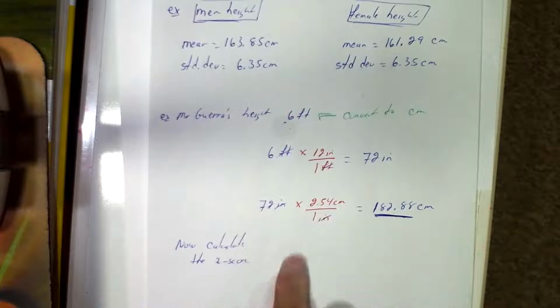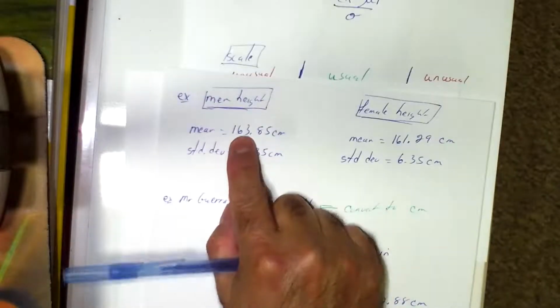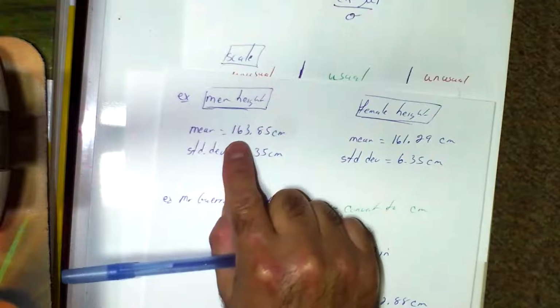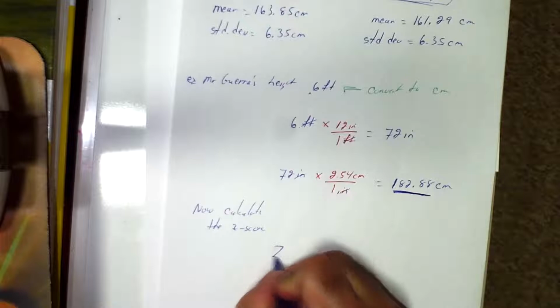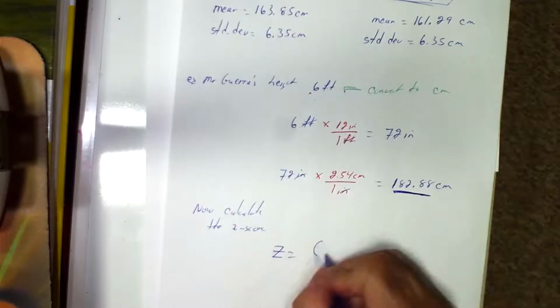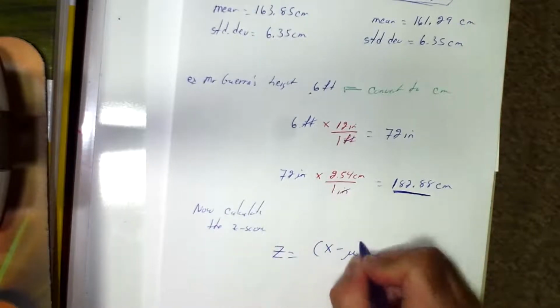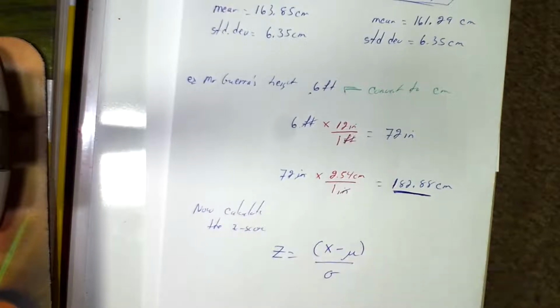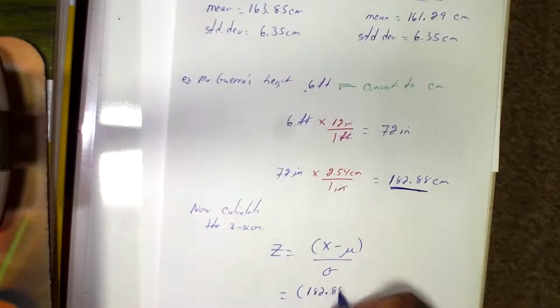Okay, so I'm going to use the population formula because these heights were from America. This is US standards. So I'm going to use z equals x minus mu over sigma. If you use the other one, it's going to be the same, so you don't have to worry. All right, so there's my height, 182.88.